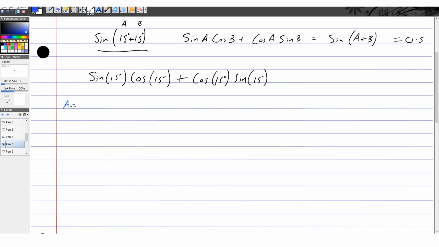If I said A is going to be equal to 30 and B is going to be equal to 60, both in degrees, then sine A plus B is the sine of A, which is the sine of 30, times the cosine of B, which is 60, plus cos A multiplied by sine of B. And we know that the sine of 90, as in the sine of 30 plus 60, is 1.